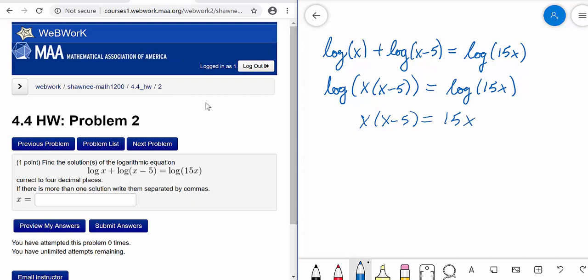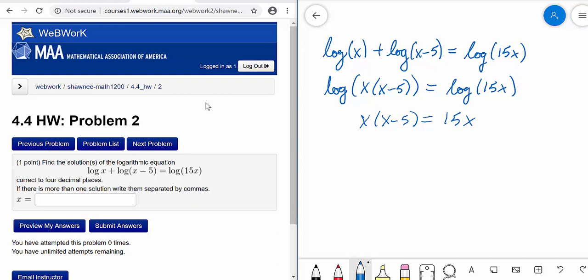So if two logarithms are equal when they have the same base, then that must mean that the inputs are equal as well. So x times x minus 5 is equal to 15x. So now we've actually reduced this down to a quadratic equation. So to solve this, I'm going to multiply everything out and put it in standard form.